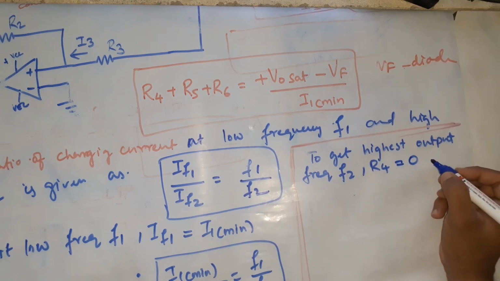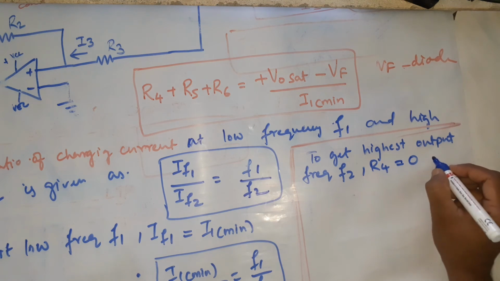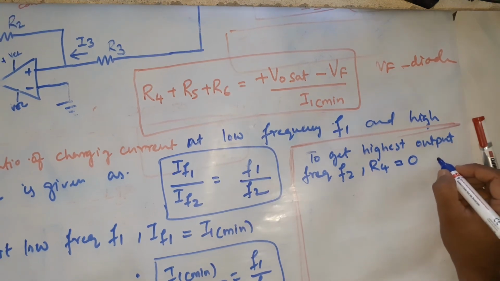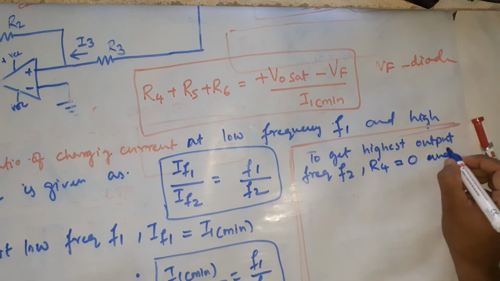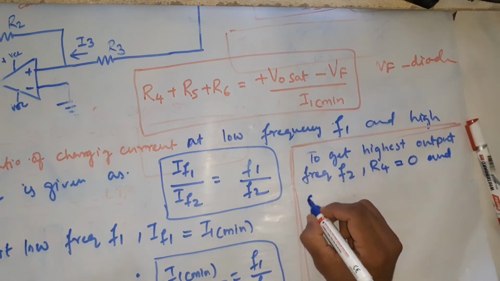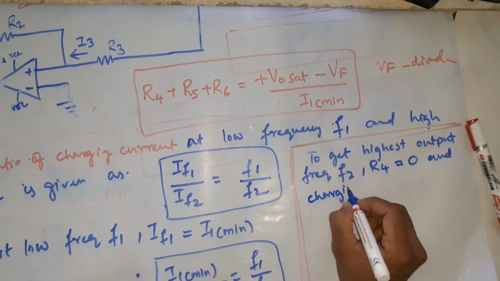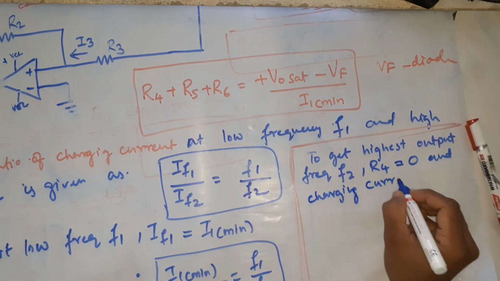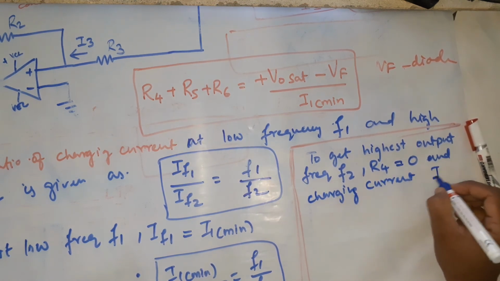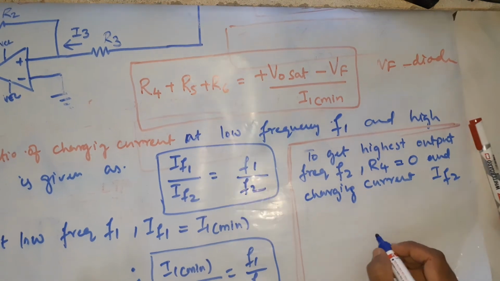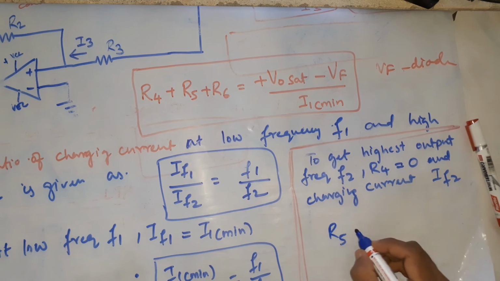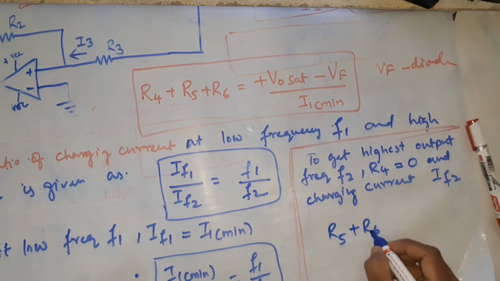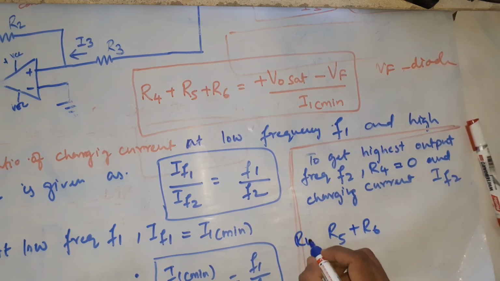And this will give you charging current IF2. Hence, in place of R4, R5, R6, I have made R4 equal to 0.